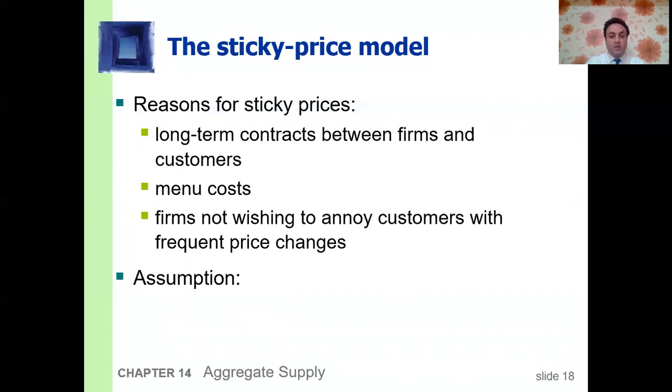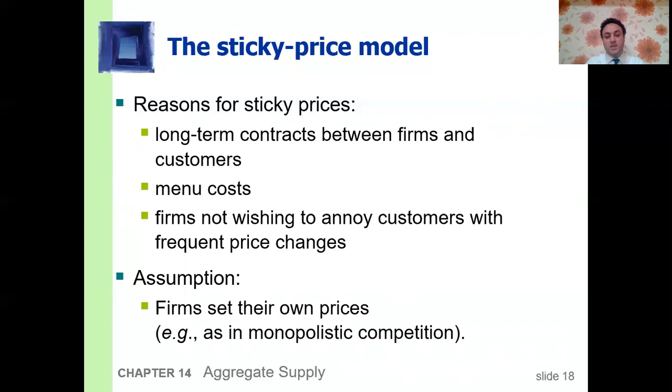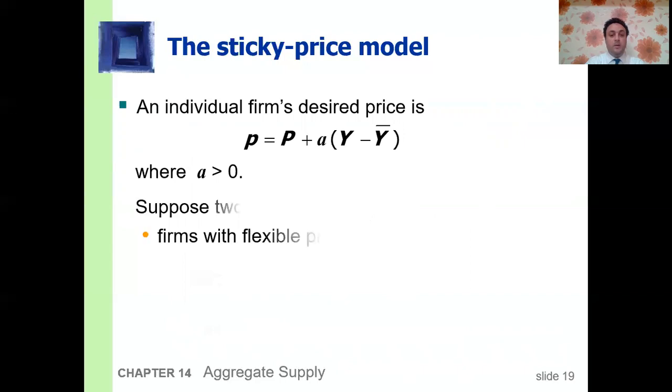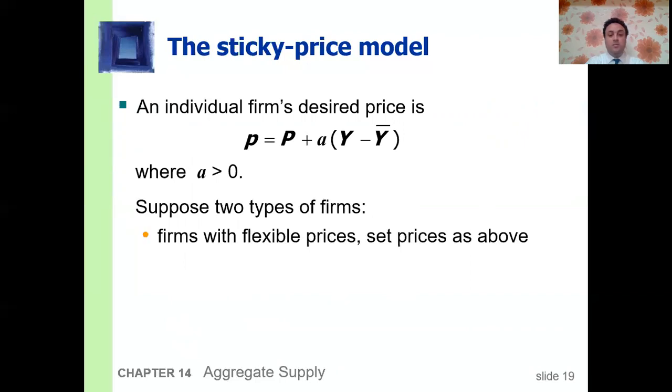So the assumptions: firms set their own prices, as in monopolistic competition. And an individual firm's desired price is, as you can see here in our equation, where alpha is a positive parameter, any number more than 0. So suppose two types of firms: firms with flexible prices set prices as above.